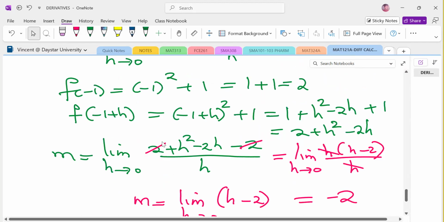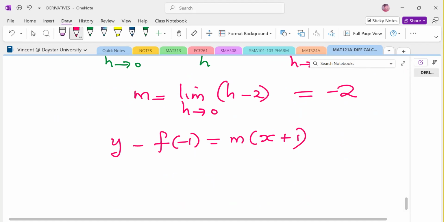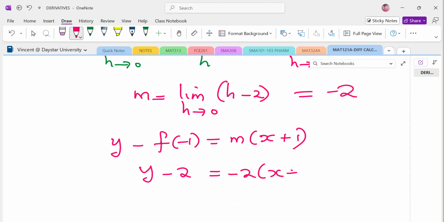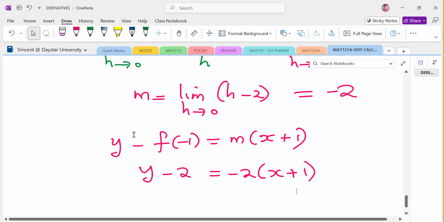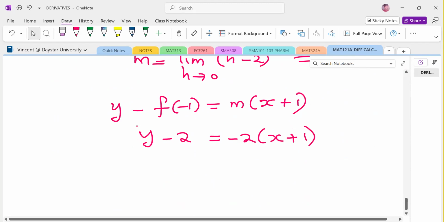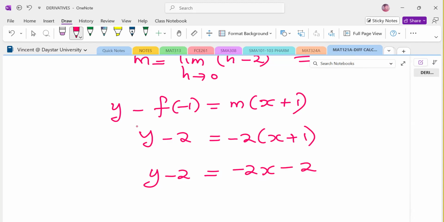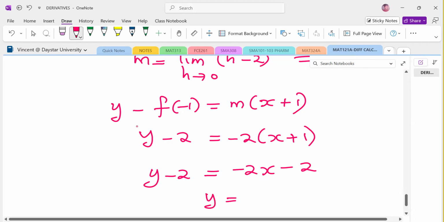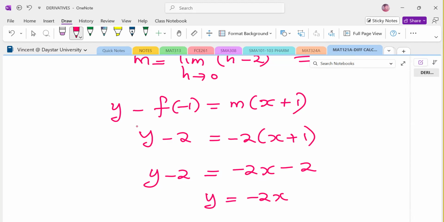So f of minus 1 is 2, so we'll have y minus 2 equals to minus 2 into x plus 1. Then we'll have y minus 2 equals to minus 2x, then minus 2. So which simply is y equals to minus 2x, because now minus 2 plus 2 is 0.